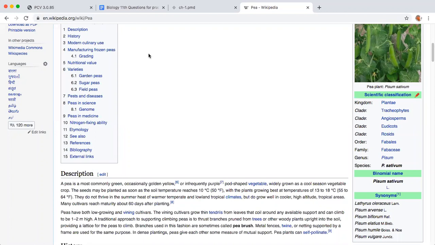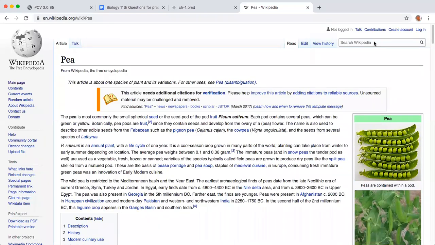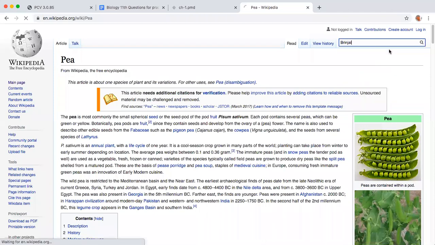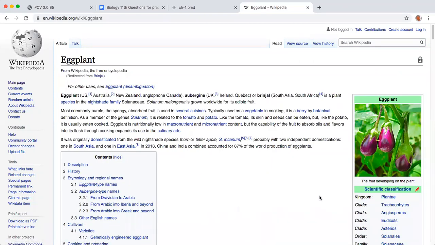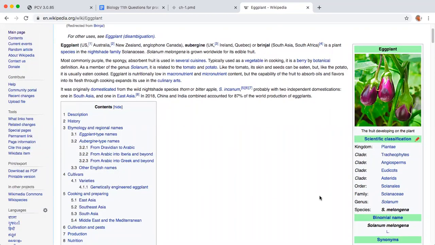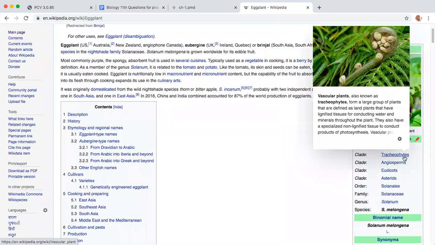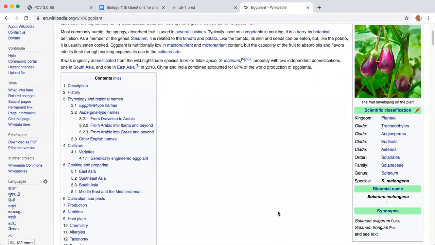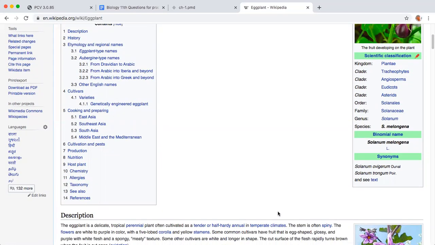Clade is a subdivision which is not defined. Instead of pea plant, let us talk about brinjal. This also belongs to tracheophytes. Solanaceae.